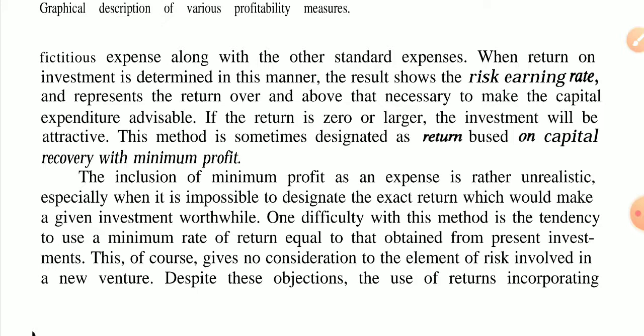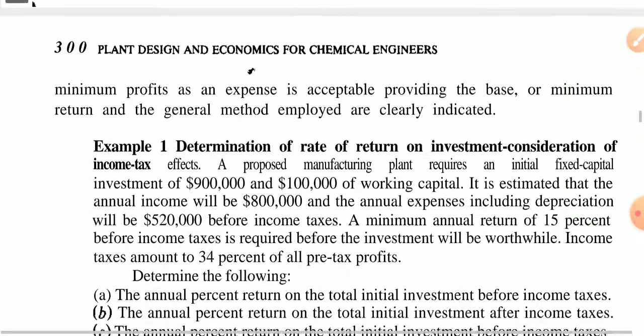The result shows the risk earning rate and represents the return over and above that necessary to make the capital investment expenditure advisable. If the return is 0 or larger, the investment will be attractive. This method is sometimes designated a return basis, capital recovery, minimum profit.